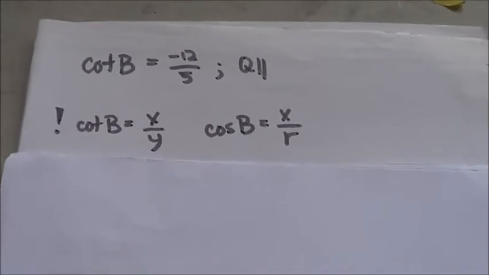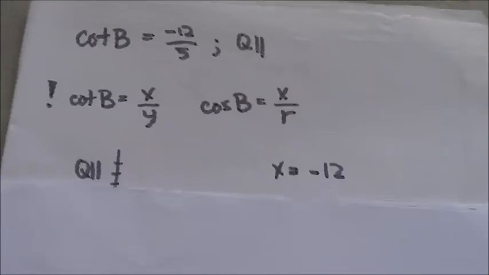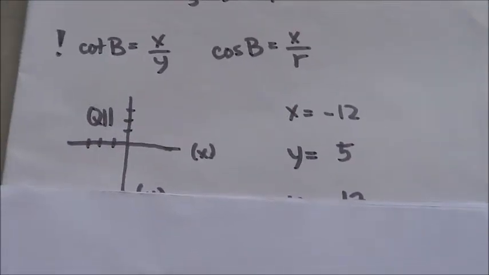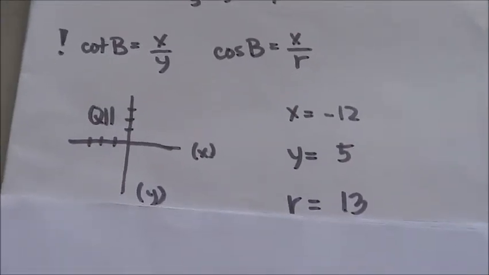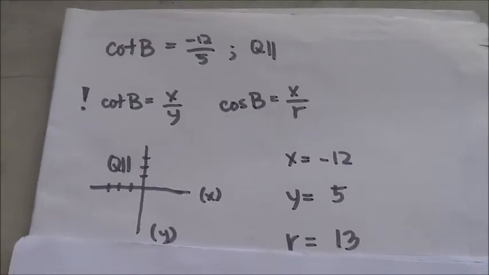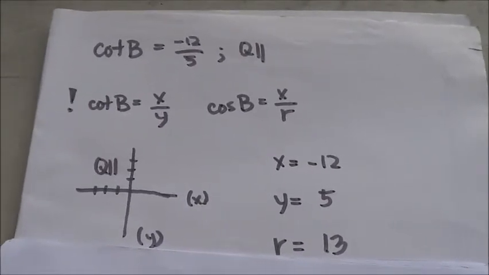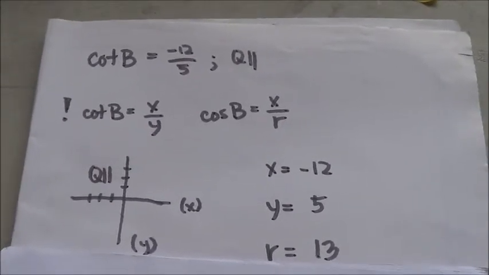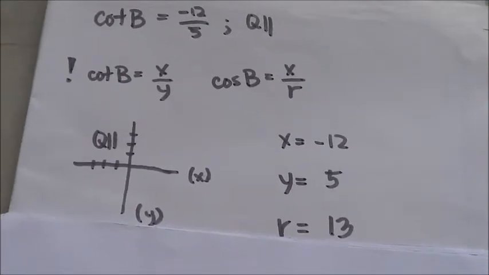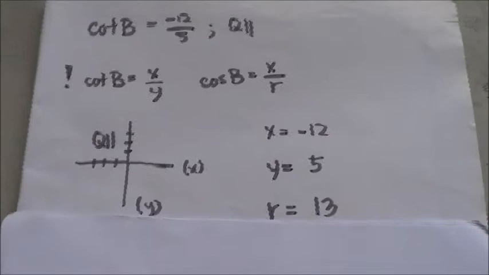So let us notice that B is in quadrant 2, and if it is in quadrant 2, the x value must be negative and the y value must be positive. So we now know that x is equal to -12 and y, the positive one, is equal to +5. Solving for r using the Pythagorean theorem, we get 13.